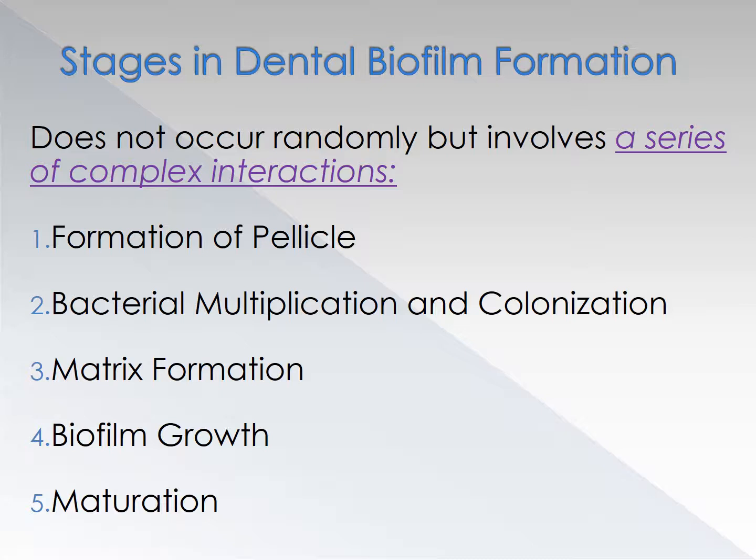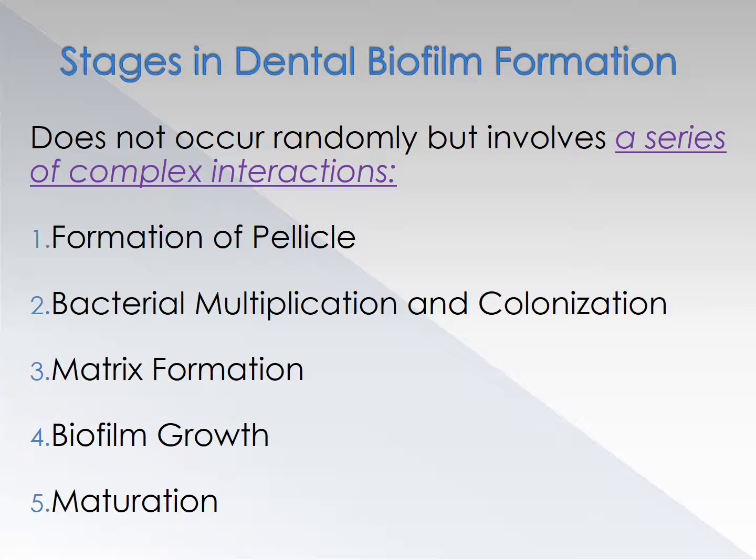Now, stage 3, matrix formation. The bacteria within the aggregate of cells continue to secrete EPS as bacteria multiply to form a matrix. The components of the EPS are the polysaccharides, glucans, fructans, and levans produced by certain bacteria within the community, and from dietary sucrose, or sugars, right?